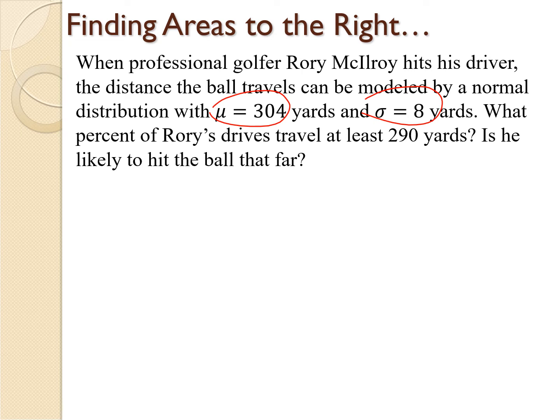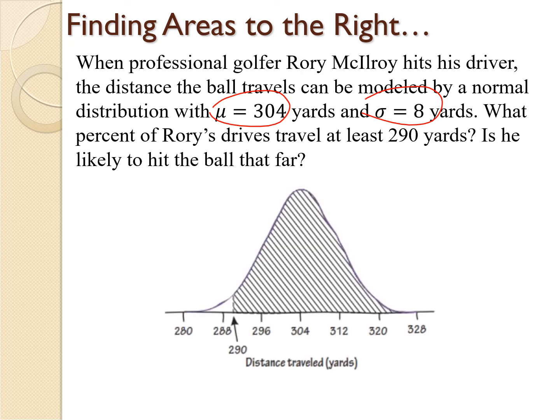Again, first step with these always is to sketch out this curve. We have the mean of 304 right in the center. 290 is down here. You don't need to write all of these, 1 standard deviation, 2 standard deviations, 3 standard deviations from the mean. I'm just going to be looking for the mean and that cutoff.